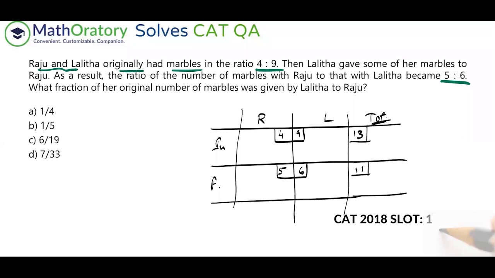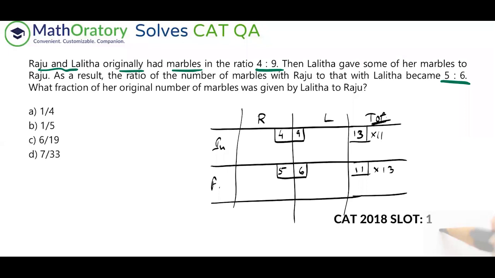Because the total doesn't change, now I'm going to apply a ratio trick. I'm going to equate these two by multiplying the other way around. In this case, 13 and 11 are co-prime. Otherwise, I would have gone to the LCM. In this case also I'm taking the LCM, but this LCM is the product basically. So I'm multiplying 11 to this number and 13 to this number. It will come out to be equal to 143, but that is not relevant.